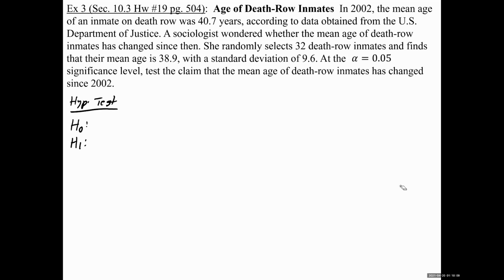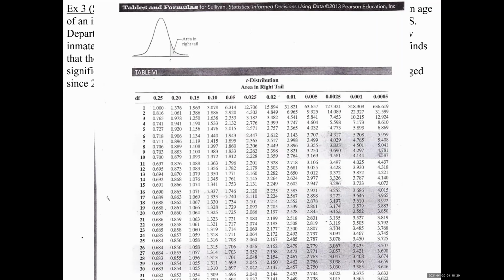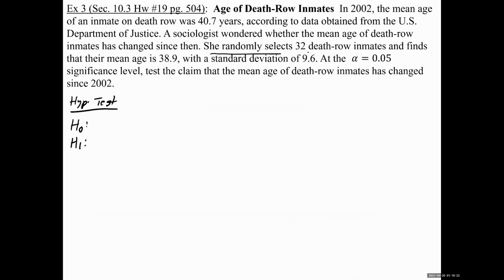First thing is we have to figure out what letter they are fighting over. If there's a sentence in the problem that talks about the sample, which there is here, it says she randomly selects 32 death row inmates, and she's going to ask them how old they are, right? And finds that their mean age is this and the standard deviation is that. That sentence involves the sample.